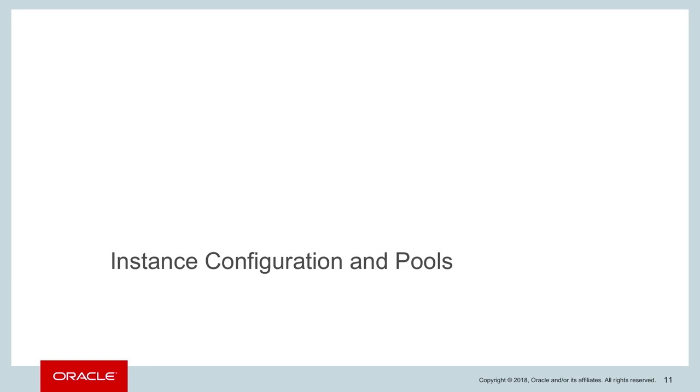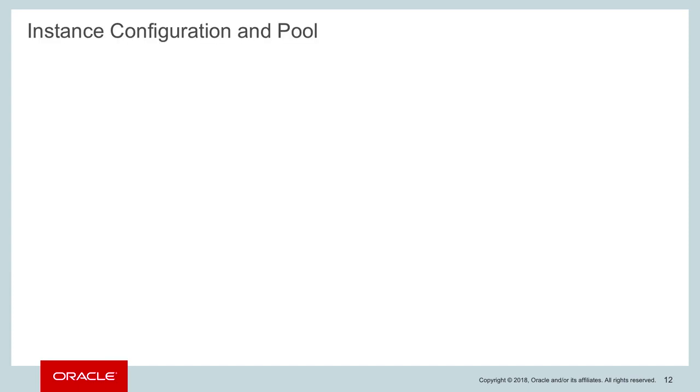So now let's talk about the specific details of the compute service in Oracle Cloud Infrastructure. We'll start with instance configuration and pools. Instance configuration defines the configuration information to launch a compute instance.